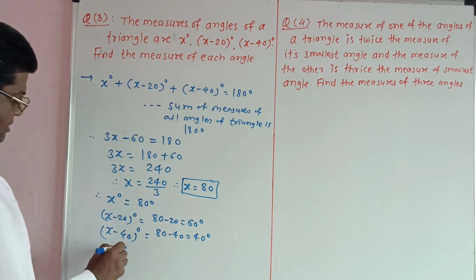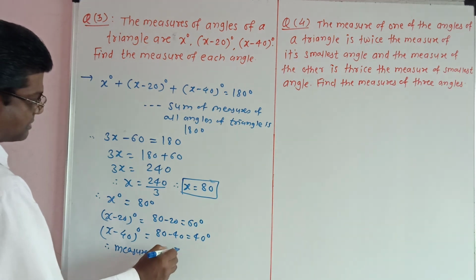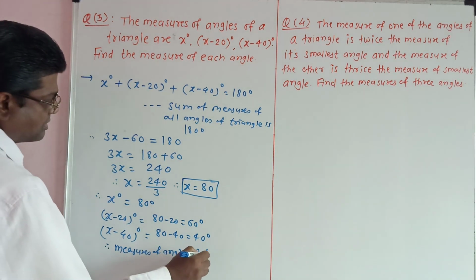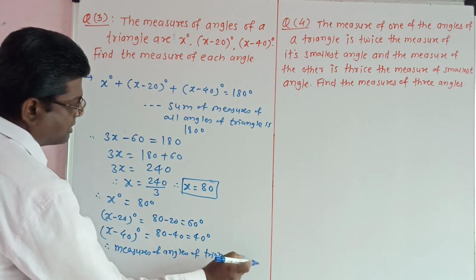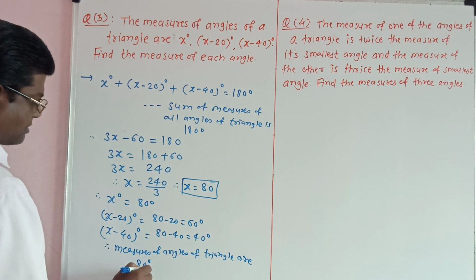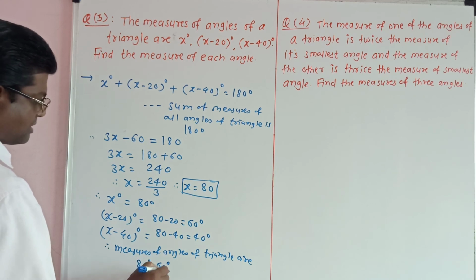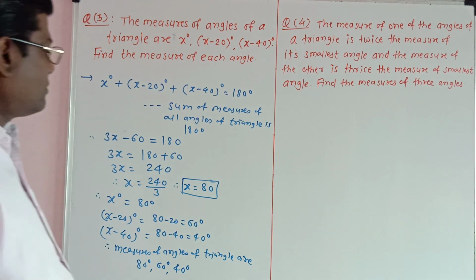Therefore, measures of angles of the triangle are 80 degree, 60 degree, 40 degree.